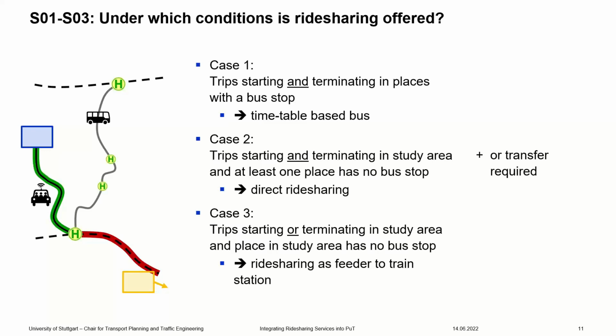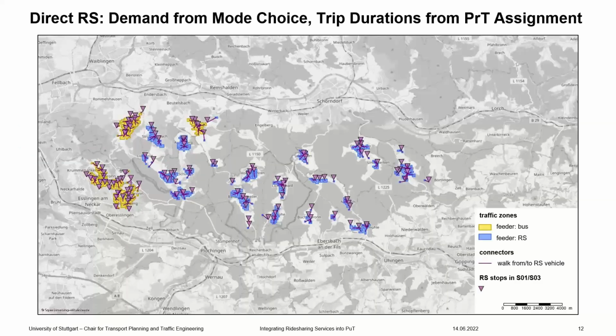And with all these, we are now able to calculate the travel demand for ride sharing services. The demand for direct ride sharing is relatively easy to calculate because it comes directly from the mode choice step, and it equals the demand for the public transport on those case 2 relations we just had a look at.